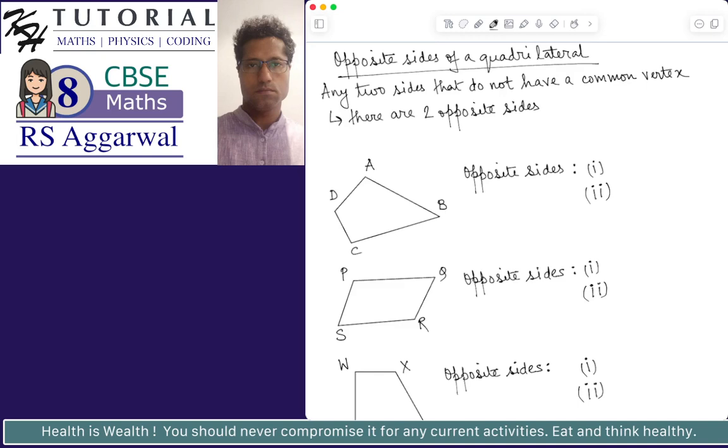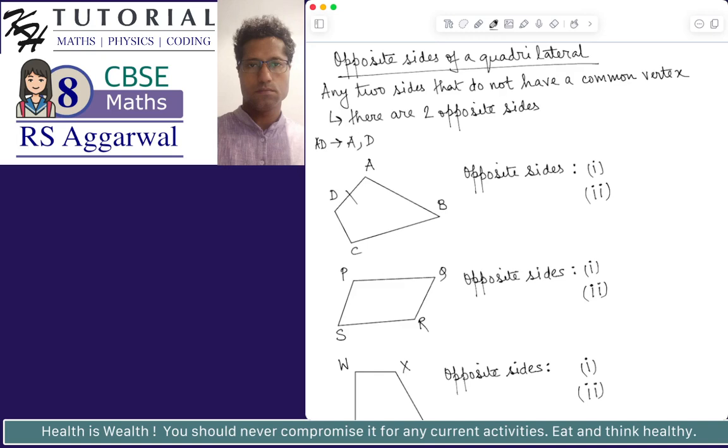Let's take in the first quadrilateral, let's take the side AD. Now any other side will be an opposite side to AD if that side do not have a common endpoint with the side AD. Now the side AD has the endpoints A and D.